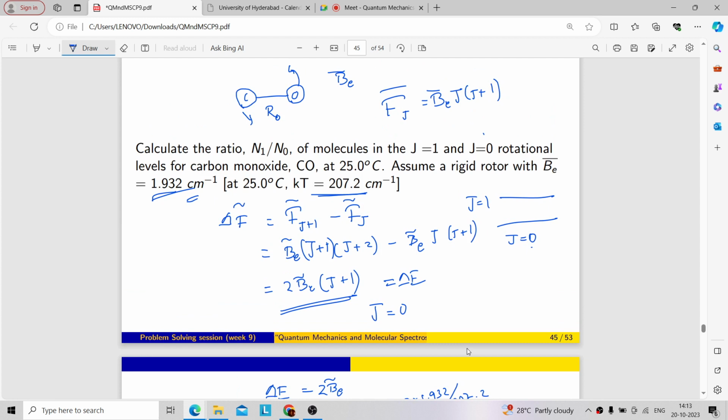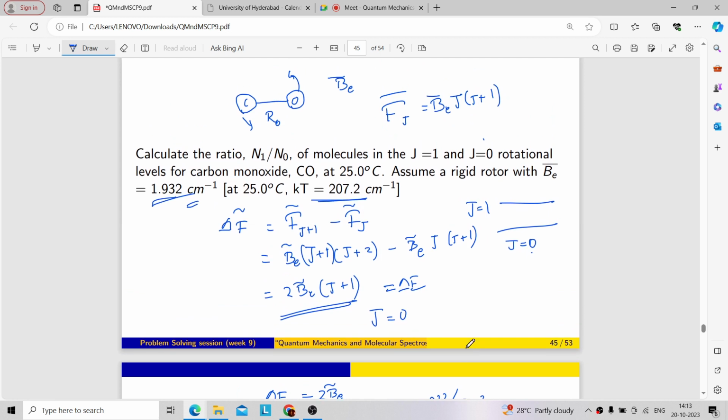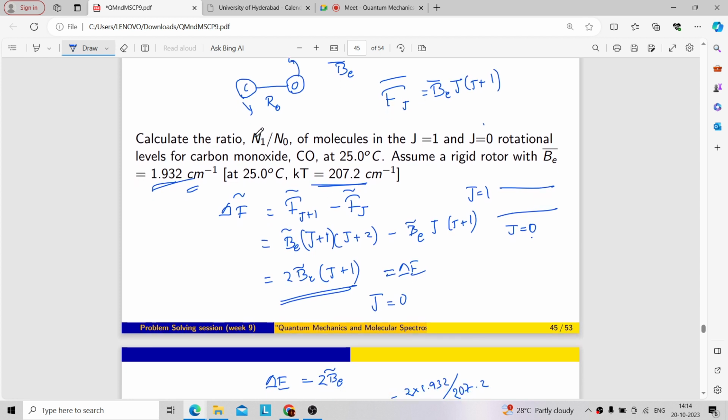So what was given? At this 25 degrees Celsius temperature, this carbon monoxide will have some rotational motion, and this rotational constant Be bar is given. Then we need to calculate N1 over N0.